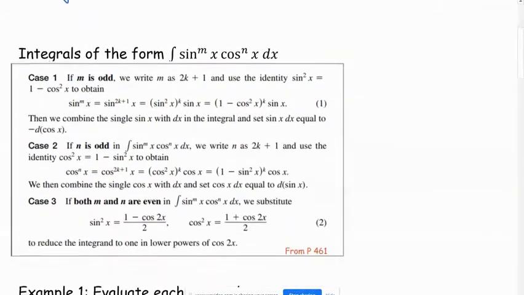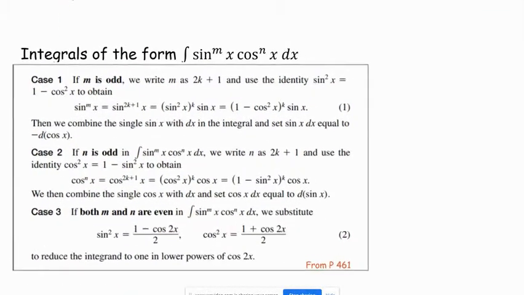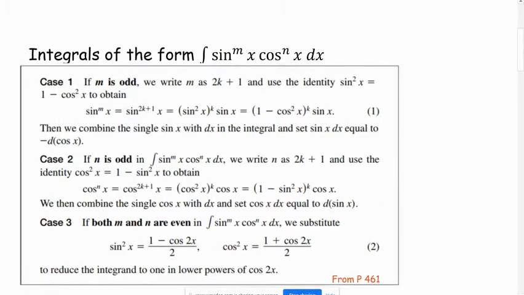This table gives you a strategy if you have powers of sine and cosine inside an integral, sine to the m power and cosine to the n. It gives you step by step what to do.